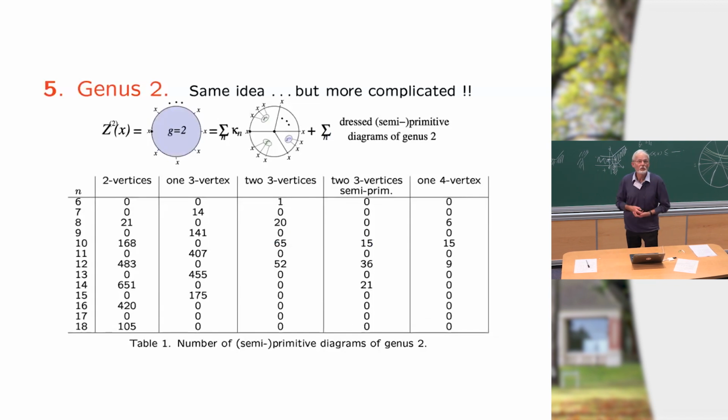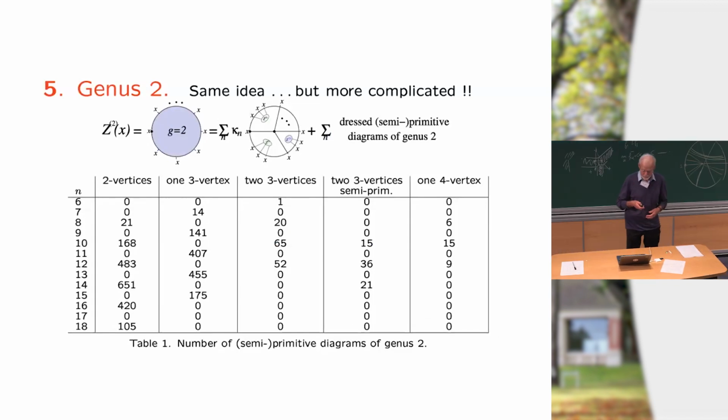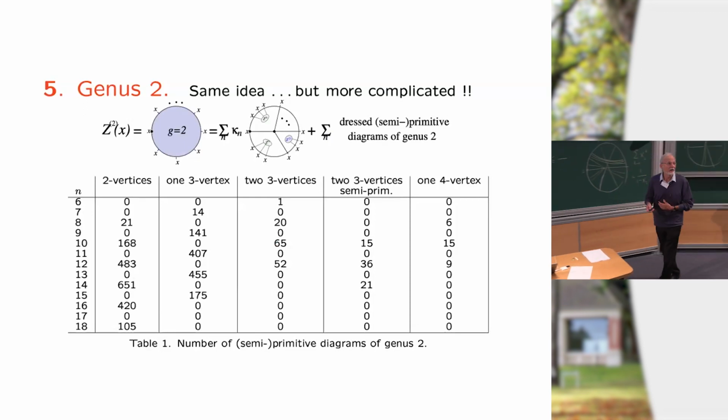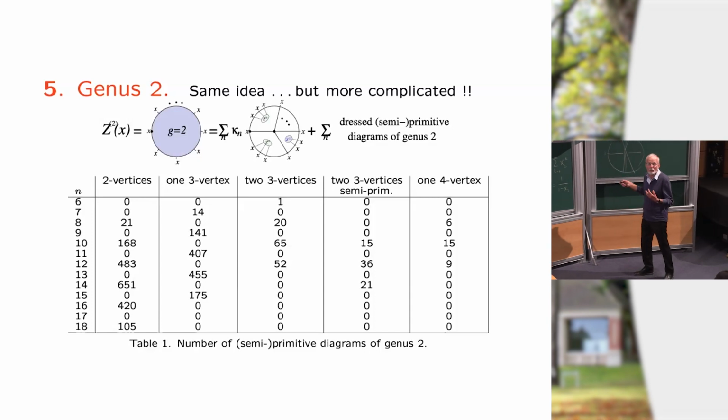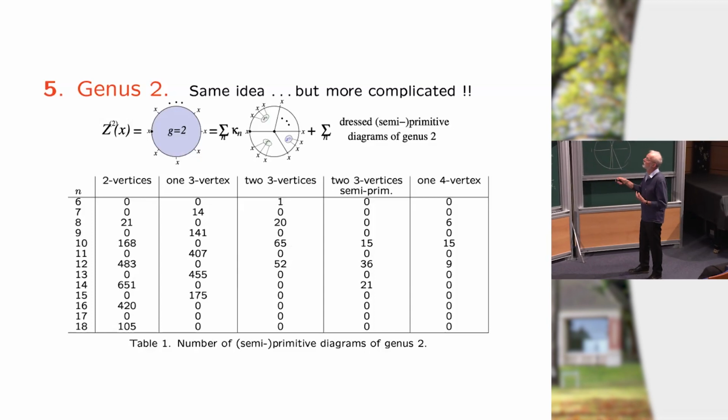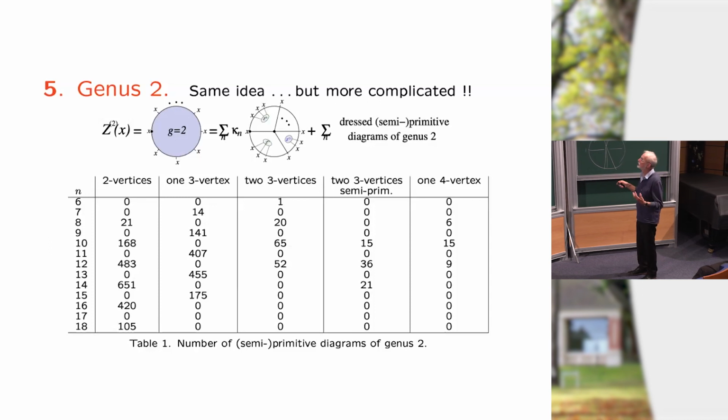So if you found the case of genus 1 a bit intricate, it gets even worse for the case of genus 2, because you have many more reduced diagrams, again a finite number. But you see, these things have been tabulated by Cori and Hetyei, and I rechecked everything, so I agreed with all their data and numbers.